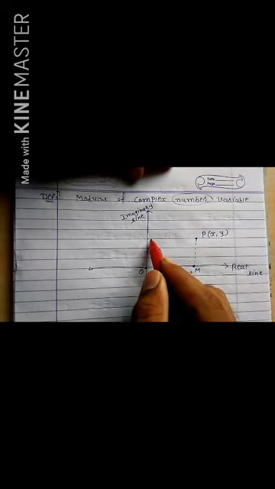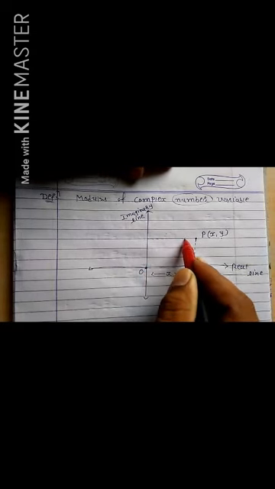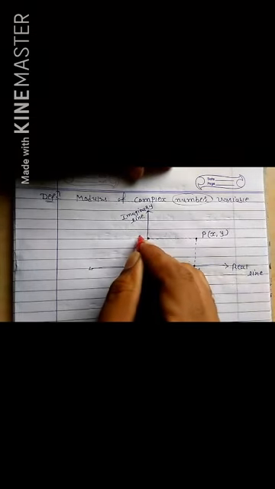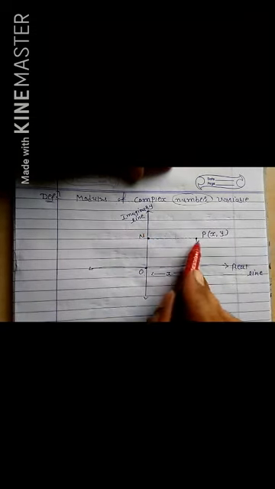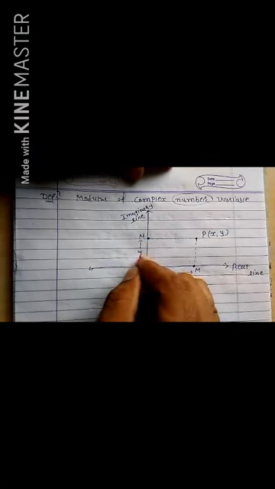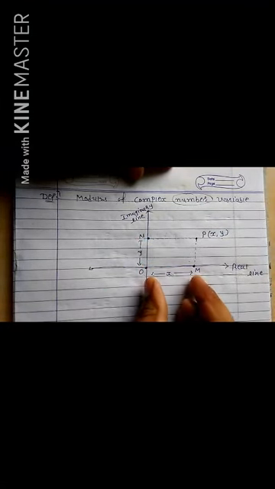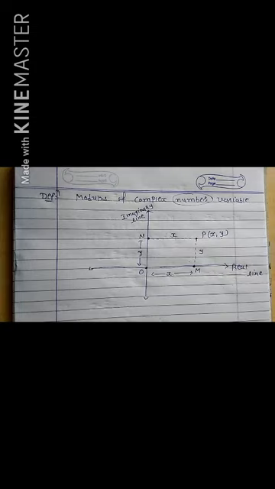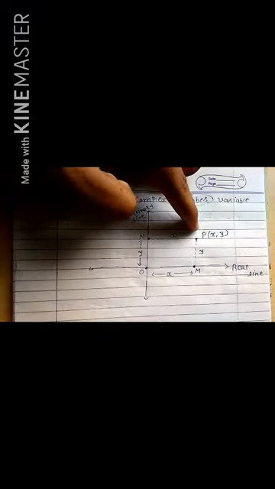Now this point is N. What is PN? PN is x, OM is x. ON is y, PM is also y. I take only one point and it is called P, x comma y.